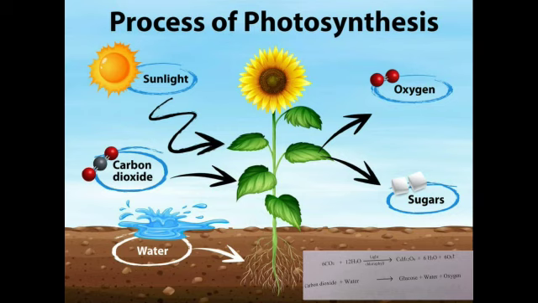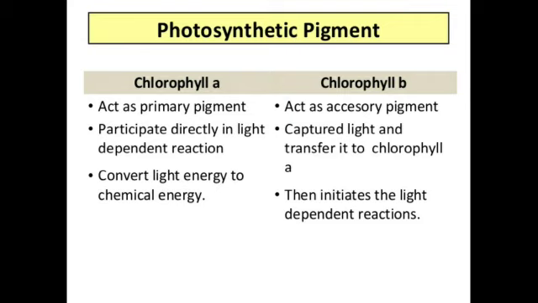Now we move on into the photosynthetic pigments. Pigments involved in photosynthesis are called photosynthetic pigments. Photosynthetic pigments are of two classes, namely the primary pigments and accessory pigments. Chlorophyll A is the primary pigment that traps solar energy and converts it into electrical and chemical energy.